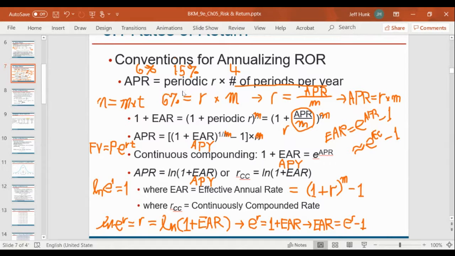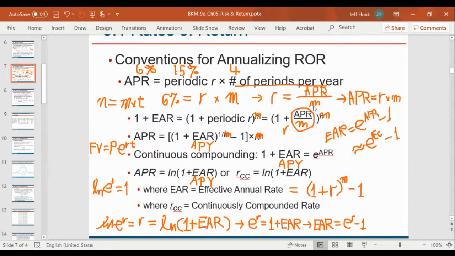For example, if you have 4 compoundings per year, which means quarterly compounding, and APR is 6%, each quarter what gets compounded is 1.5%. In other words, APR divided by compounding frequency.